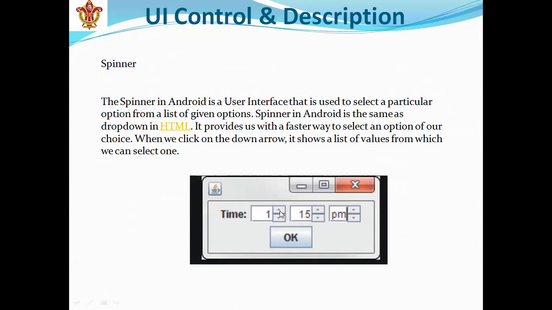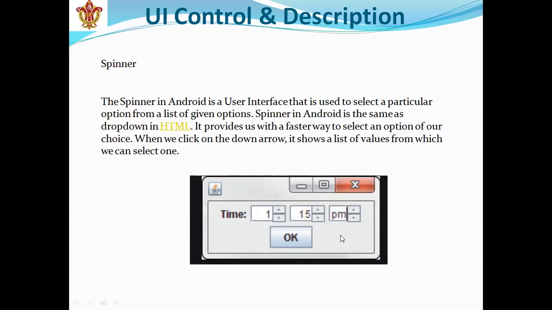The upward arrow shows the increasing order and the downward arrow shows the decreasing order of the spinners. So a spinner is basically a roller, which can show the time, which can show the options. So many things we can do by the spinners.